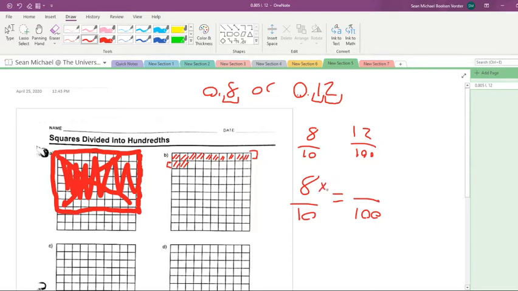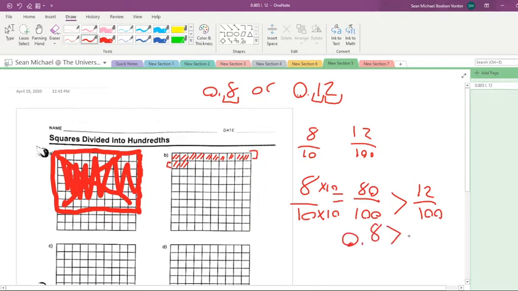You times this by 10 and this by 10, and you would get 80 over 100. And when we see 80 over 100, we can definitely say that that's bigger than 12 over 100. And so in the end, we could say 0.8 is bigger than 0.12. So yeah, that's really important to recognize.